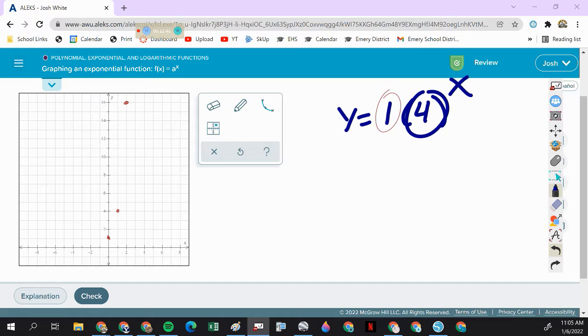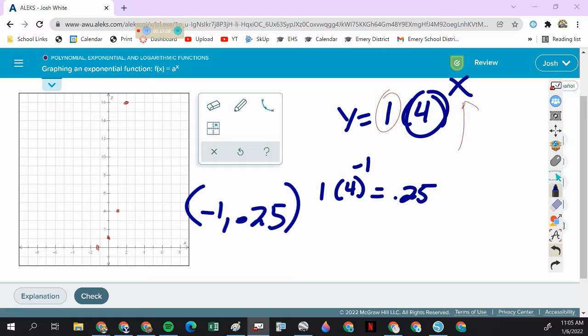Okay? How would I figure out negative 1? Well, just put negative 1 in there. So it'd be 1 times 4 to the negative 1, and you get 0.25. So we need to graph the point negative 1, comma, 0.25.